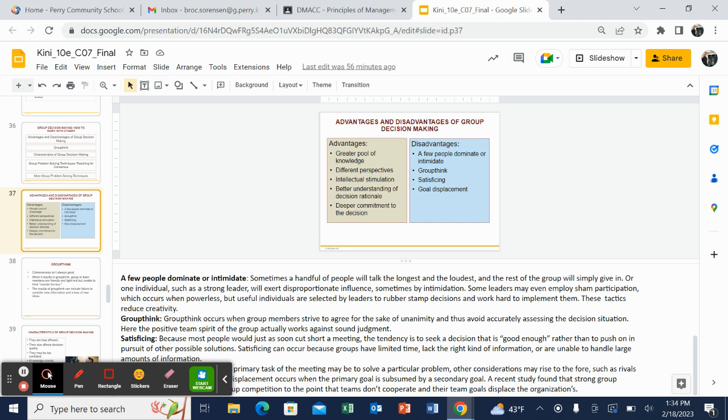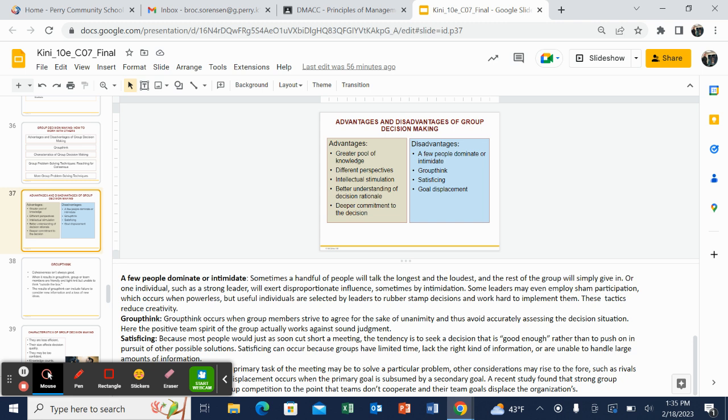You really don't accurately assess the situation, the decision. There's a positive team spin, and it really works against sound judgment. It's really just what we call an echo chamber. You're really just trying to get out of there. You're just trying to reach a consensus.